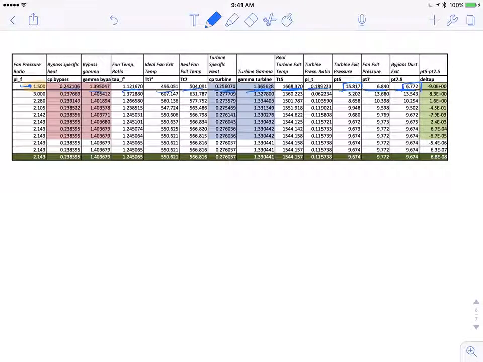So we come down to the next line, and rather than doing successive substitution, this is going to use the Regula-Falsi method from Appendix G2 in the book, because this will give you a little faster convergence and makes it a little more stable, keeps your guesses from going far afield where you can get undefined answers if you put in the wrong value of pressure ratio.